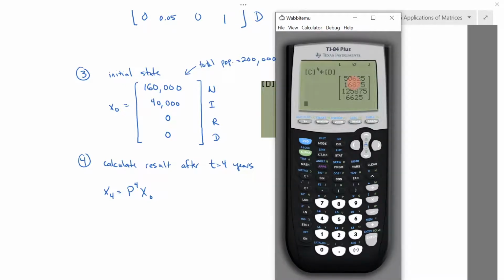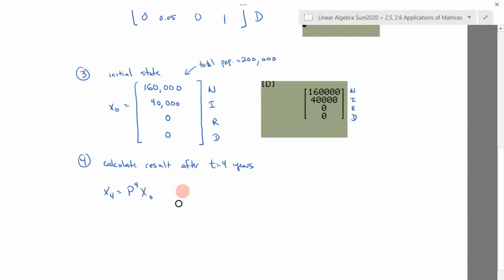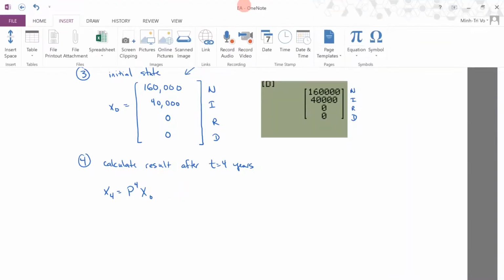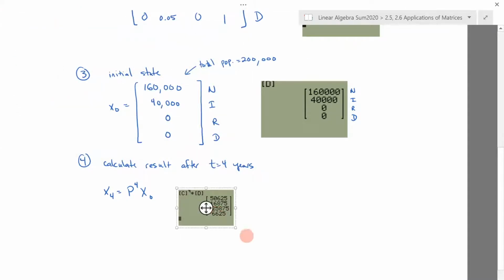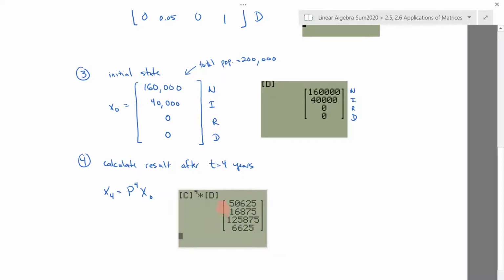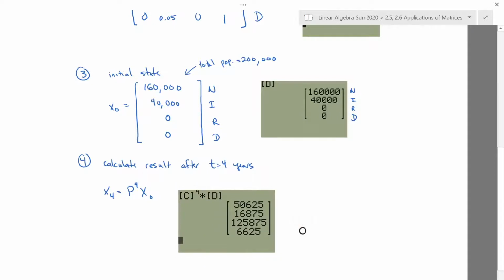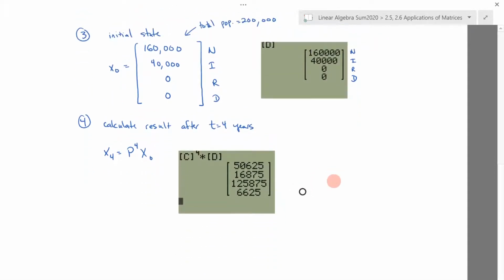Okay, so this is the population belonging to the different states after 4 years. Okay, so again, the first entry is the never infected. The second entry is the currently infected. The third entry is the recovered, and the last entry is dead.